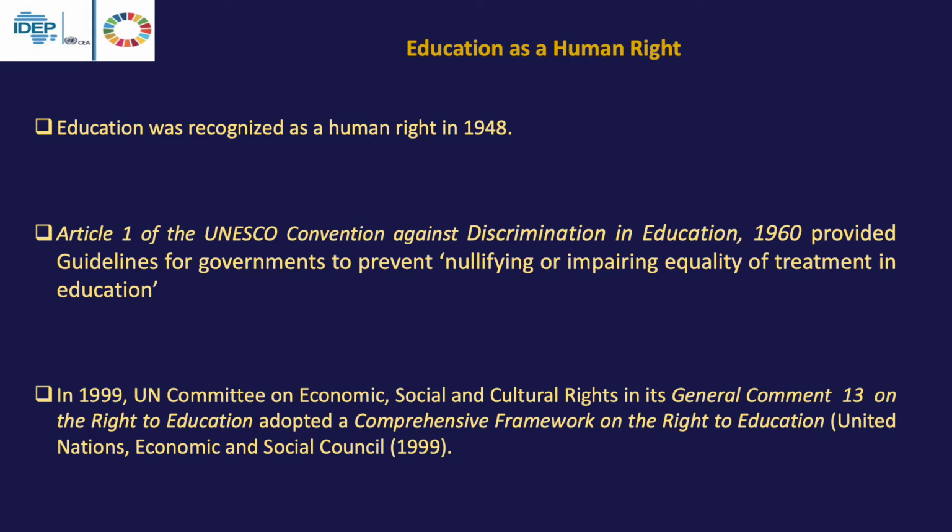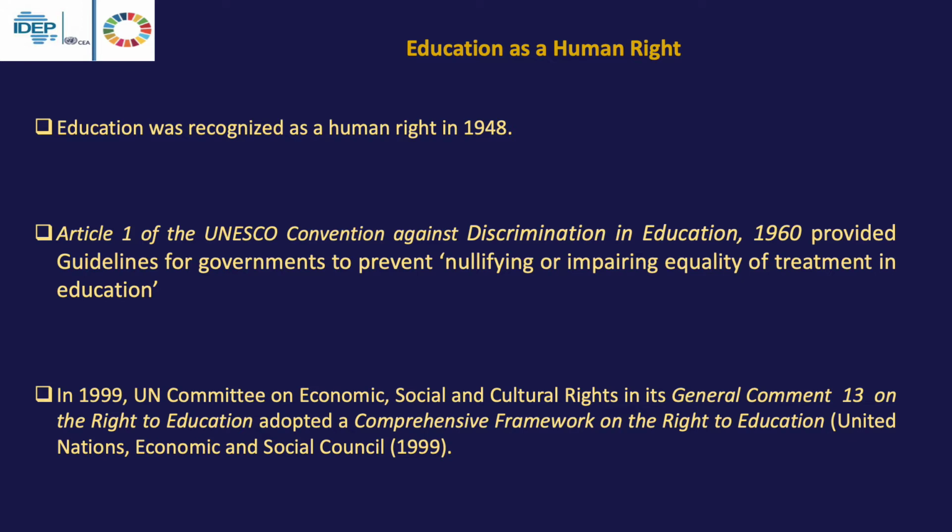Education was first recognized as a human right in 1948. According to Article 1 of the UNESCO Convention Against Discrimination in Education of 1960, governments are encouraged to prevent nullifying or impairing equality of treatment in the education sector.